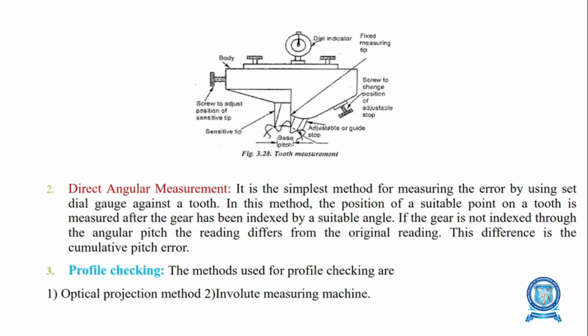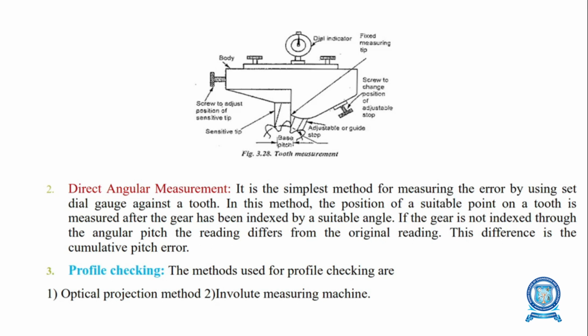The left hand tip is first set to the required module by means of some suitable arrangement. The right hand tip is a two-arm lever. One arm contacts the gear tooth and the other actuates the contact point of the dial indicator. By this, we can find out the pitch measurement using direct angular measurement.